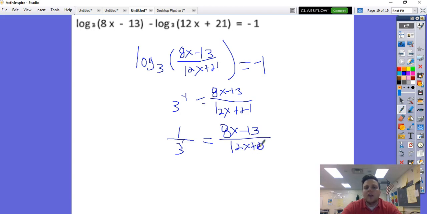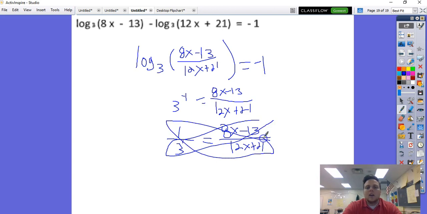Now, this is very important. You notice this. I have a fraction equals a fraction. This only works when they equal each other. So I can cross multiply. So I'm going to say 3 times 8x minus 13 is equal to 1 times 12x plus 21.